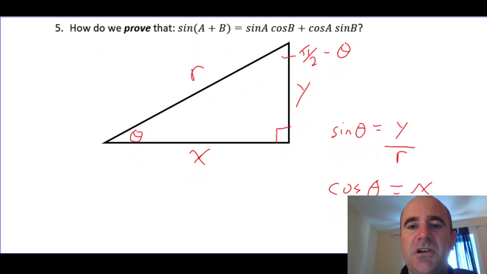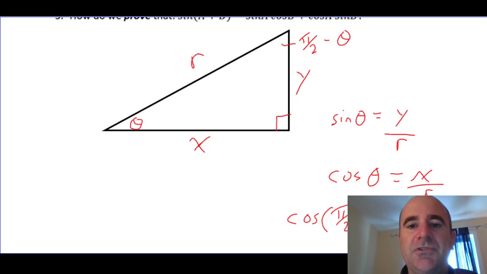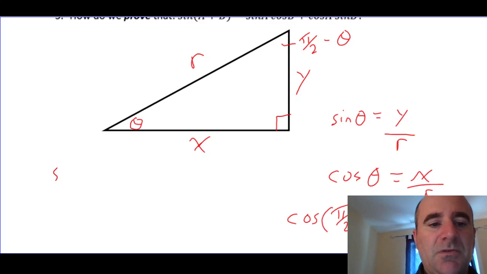But if I start talking about the cosine of pi over 2 minus theta, that is also equal to y over r, because now if I move from theta to pi over 2 minus theta, this becomes the adjacent side. So what I have here is that sine theta is y over r, and cos pi over 2 minus theta is also equal to y over r. So we have what's called the complementary identity. This is true right here.